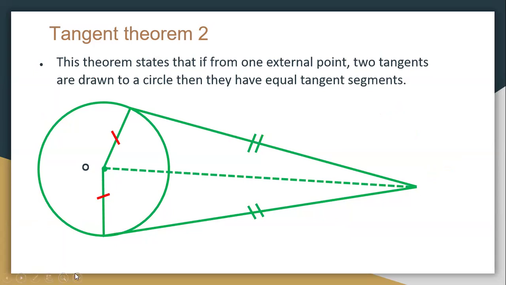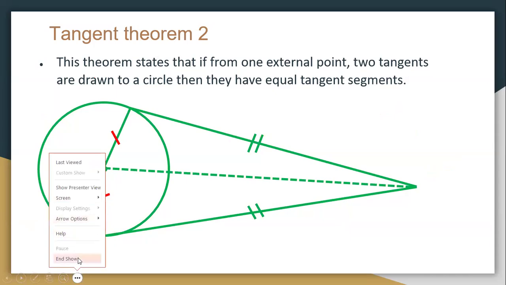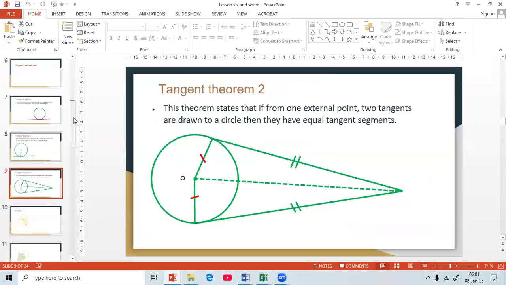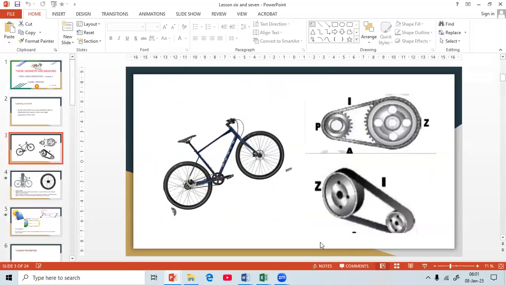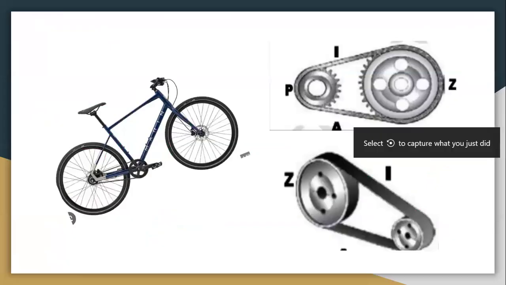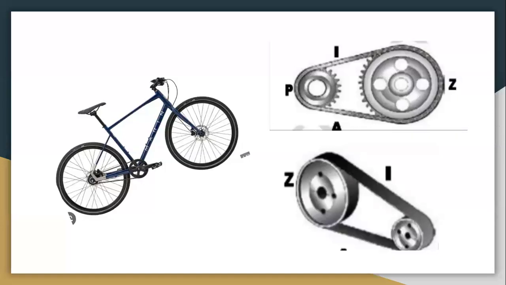I want you to tell me whether you can see some kind of relation here. Do you see some kind of relation with this? Yes, I can see it. This one, the Z one. Even this one. That one is the application of this.